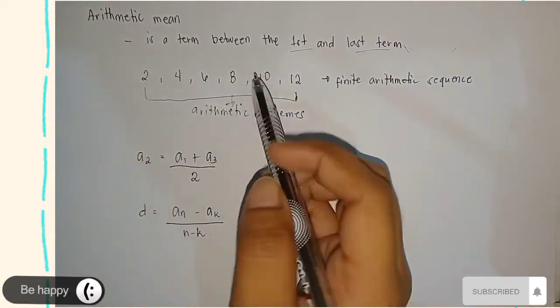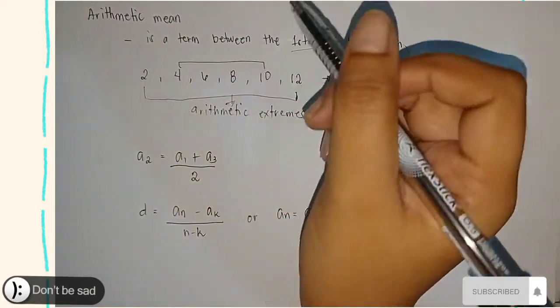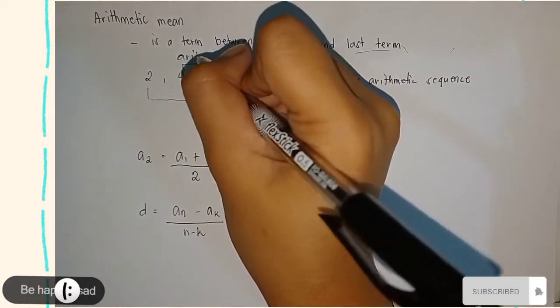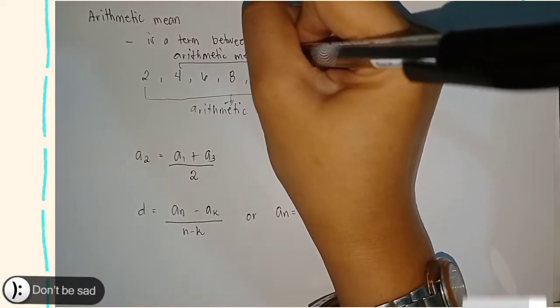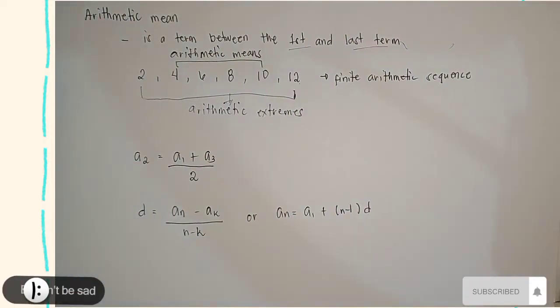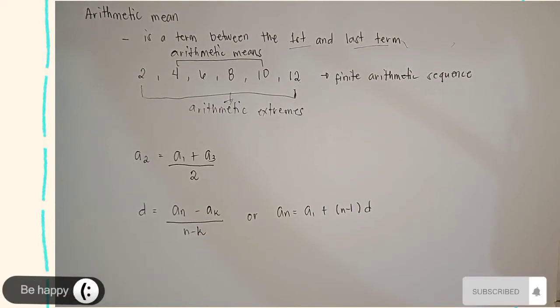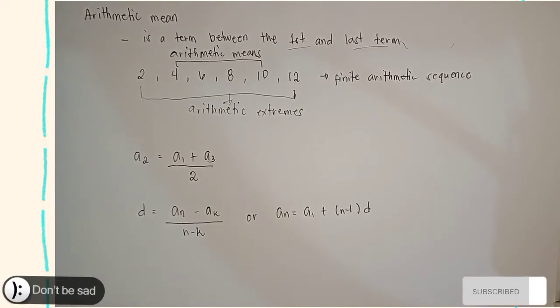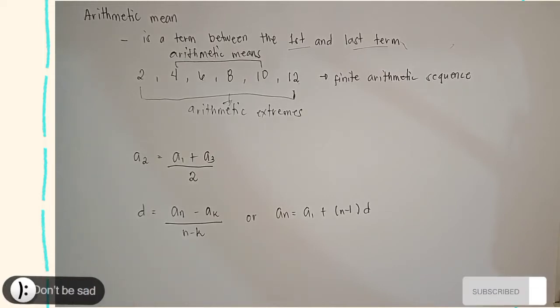So, 4, 6, 8, and 10, sila naman yung tinatawag nating arithmetic means. Ayan. Ibig sabihin, madami na yung pumapagitna sa first and last term, okay? So, meron tayong mga formulas na pwede nating magamit enable for us to find the arithmetic means.